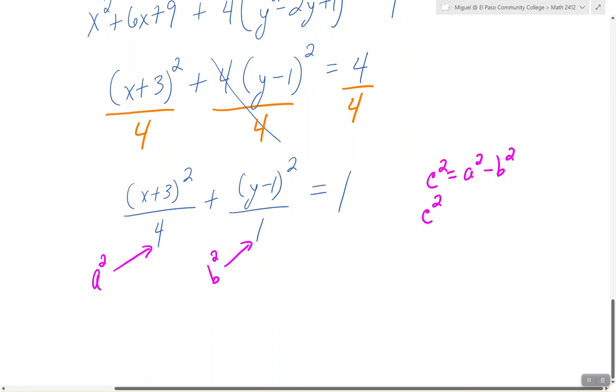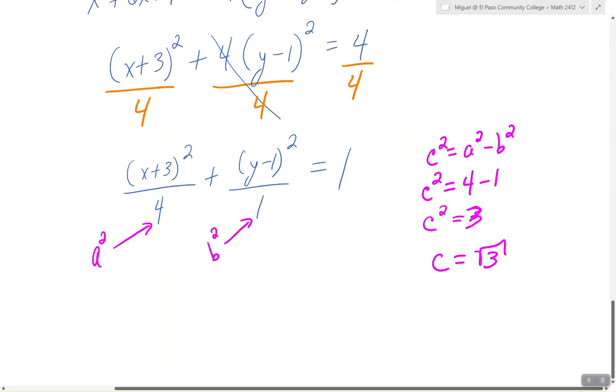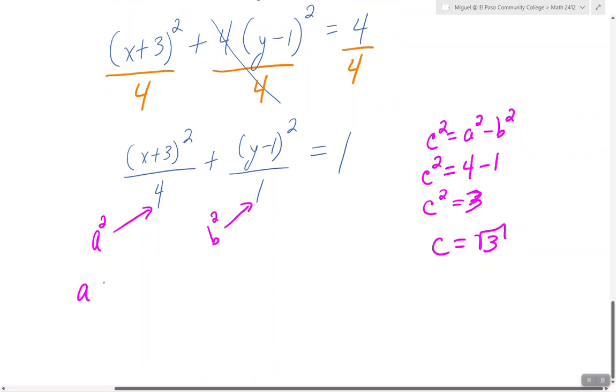C squared is equal to 4 minus 1, 3. So c is equal to the square root of 3. Just keep that in mind because we're going to need it later. And we also know that a squared is 4, so a is 2. b squared is 1, so b is 1, right? Square root of 1 is 1.